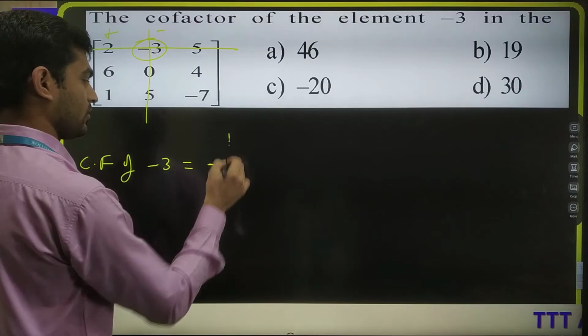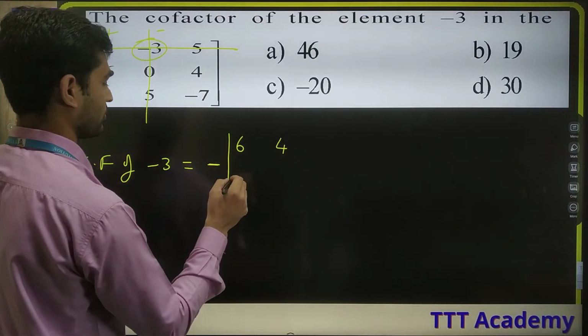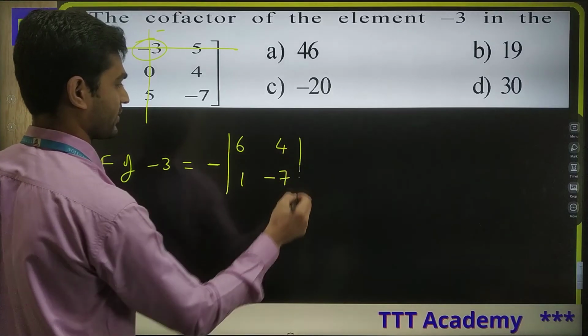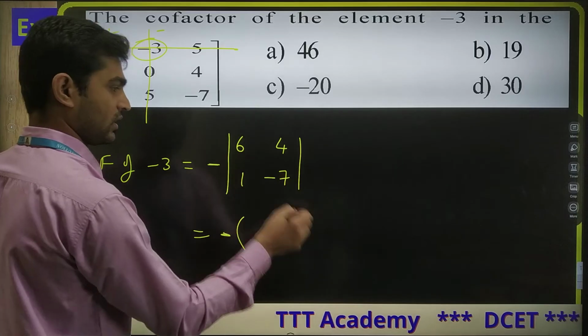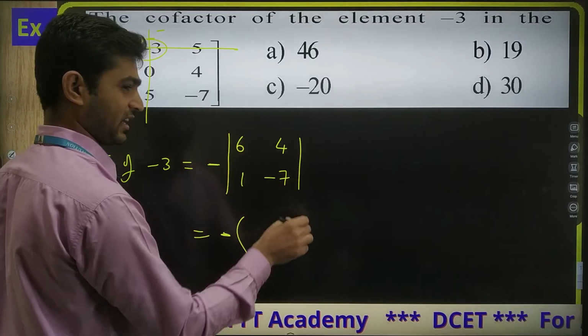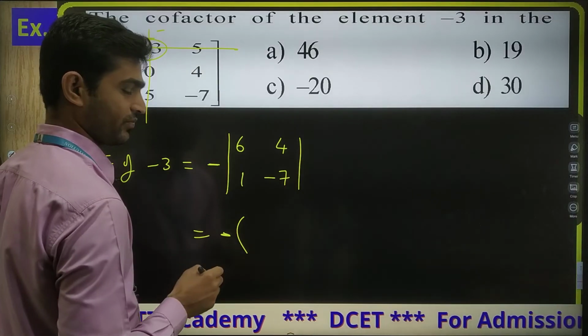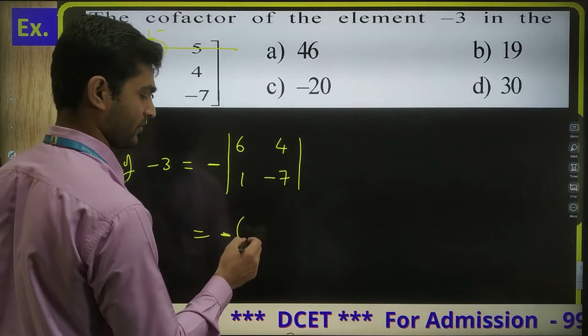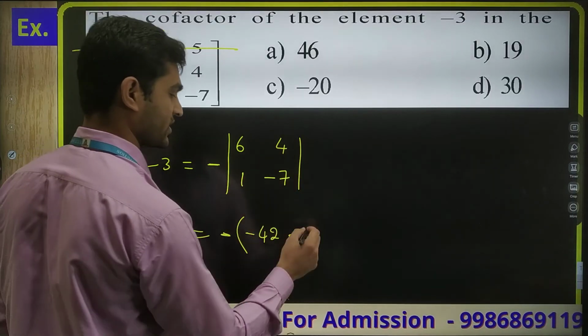If you cancel first row, second column, the remaining elements are 6, 4, 1, minus 7. Then minus, keep it same. The product of the principal diagonal elements, 6 into minus 7, is minus 42, minus 4 into 1 is 4.